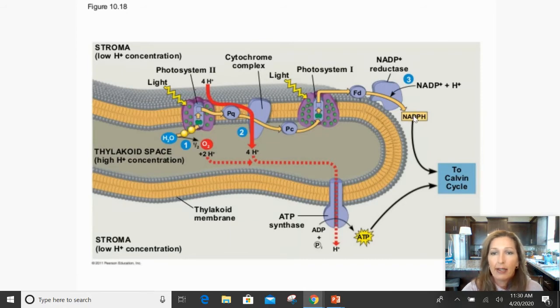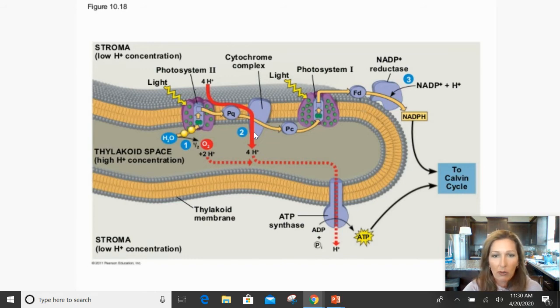So now that this has been reduced, NADPH and ATP can now be used by the Calvin cycle in order to convert carbon dioxide into larger organic molecules. So remember, this is all happening in the thylakoid space. Make sure that if you're ever asked where in a plant cell electron transport takes place or where ATP synthase is, you're remembering that a plant cell has chloroplasts and it also has mitochondria.